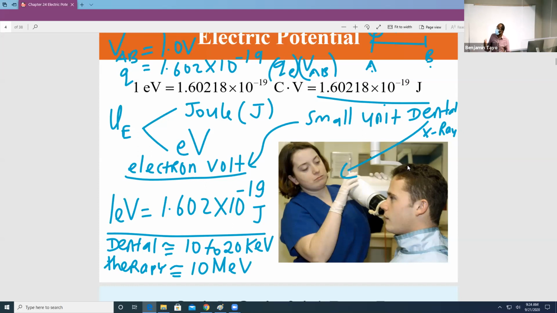But if you're going somewhere there is a source that produces X-rays for therapy, you've got to be very careful because those energies are very, very large. Then there are also X-rays that we use for imaging. For example, if you want to see a broken bone, for imaging it's about 100 to 500 kilo electron volts. So typically, the X-rays we use for imaging are in those ranges.